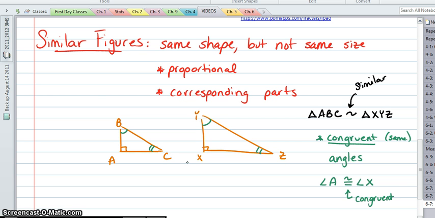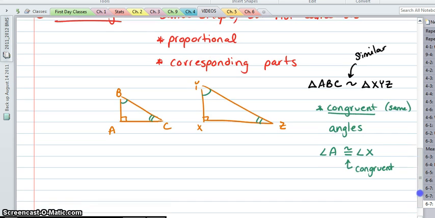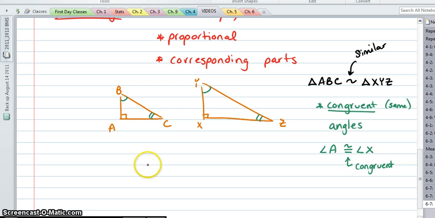And the reason why you want to work with corresponding sides is because of the fact that the sides are proportional. So if I was looking at side AC, it corresponds to side XZ, and it forms a proportion with the other sides of these triangles. So here, these are related.